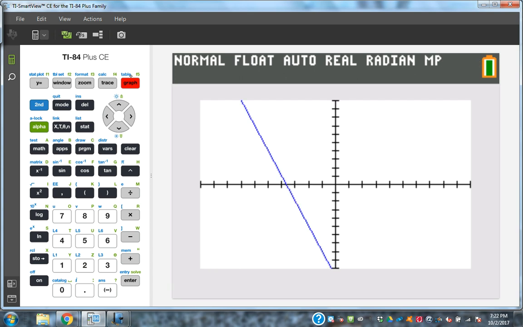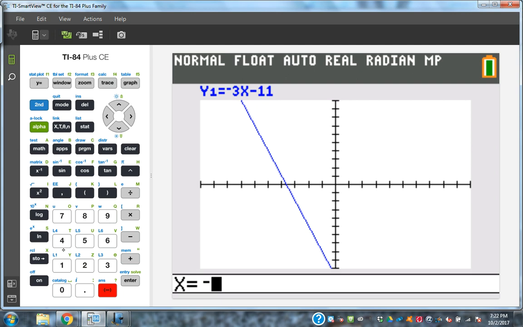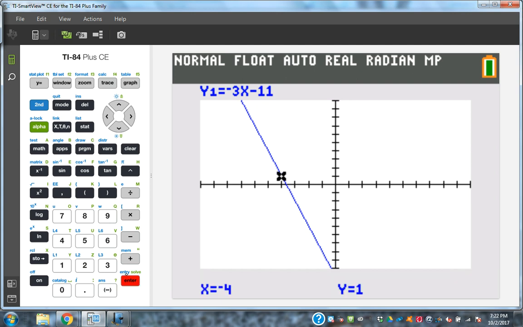So that's the graph of that line. What was the ordered pair they gave me? Negative 4, 1. So I'm going to hit trace, and I'm going to type in negative 4. And I want you to look at the ordered pair that comes up on the bottom. Negative 4, 1. That means that line went through that point. It wouldn't happen by coincidence.